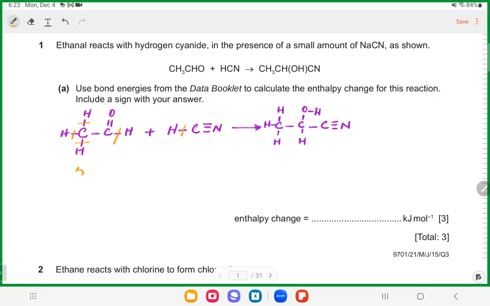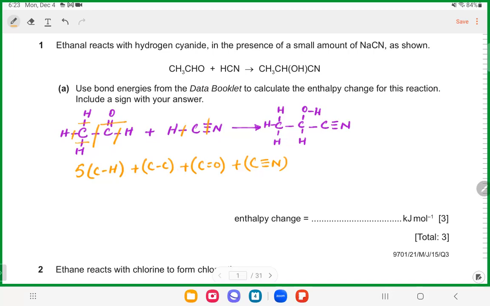So on this side you have 5 carbon-hydrogen bonds plus 1 carbon-carbon bond, 1 carbon double bond oxygen, plus 1 carbon triple covalent bond nitrogen. Did I mark all these? Yes, that's my habit. Whenever I'm counting any particular bond in a displayed formula, I always place a mark on it so that I won't miss any of these bonds.